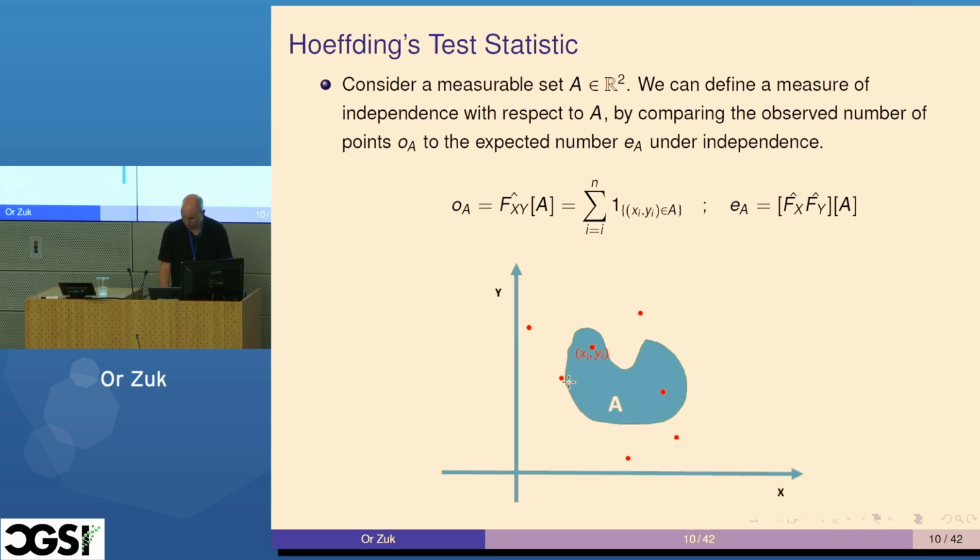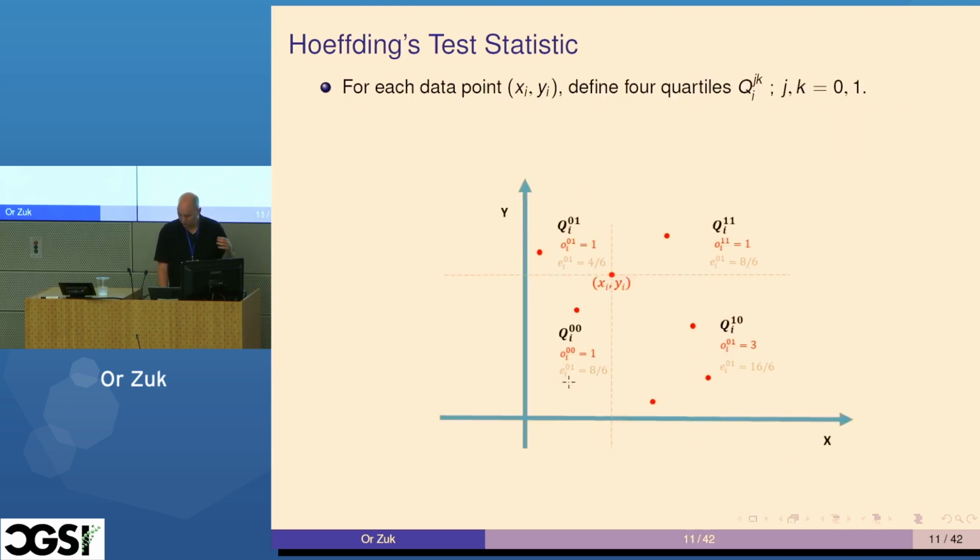It's really looking at a grid of only one horizontal and one vertical line. So we have only a 2x2 table, but it will do it many times, right? So the idea of the Hoeffding test statistic, you can call it a classic paper. It's from 1948.